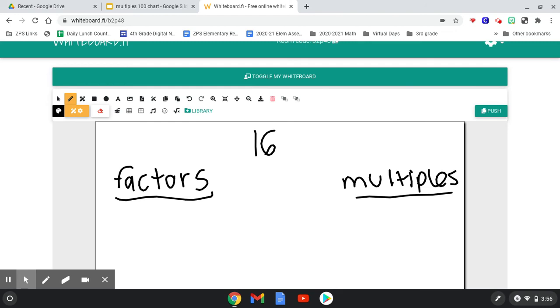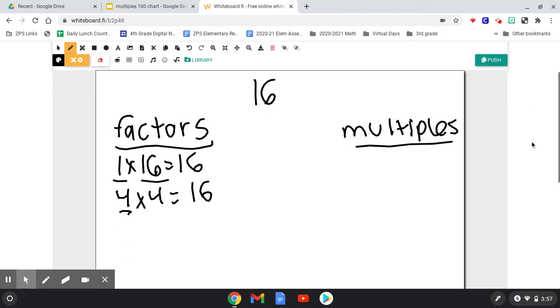I'm thinking about 2 factors that I can multiply to get 16. I know I can always start with 1 times 16. So there's 2 factors right there. I can think of 4 and 4. Now, since those are the same number, I'm really only counting one of them.